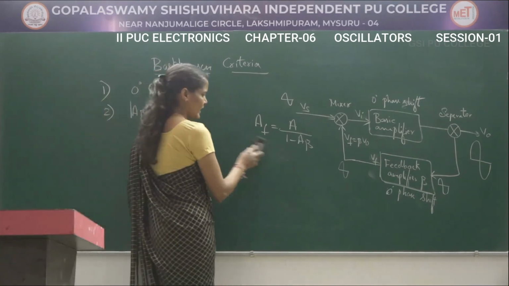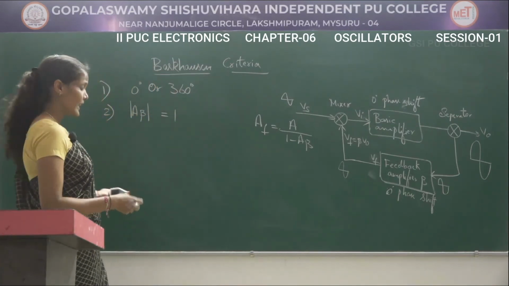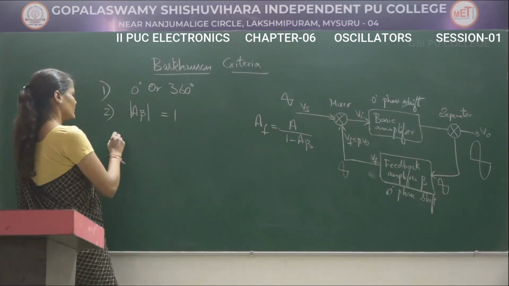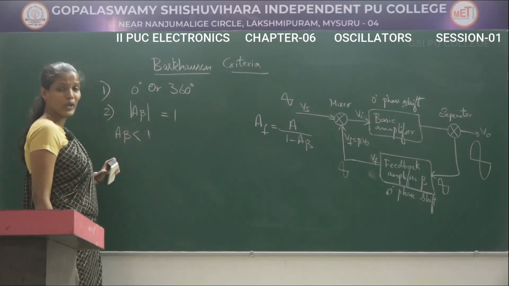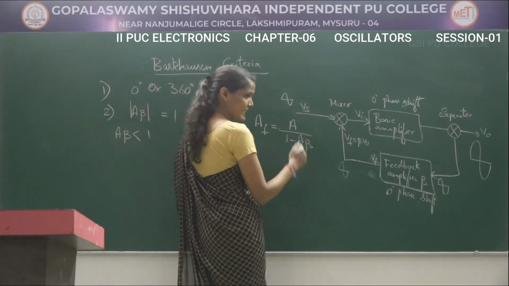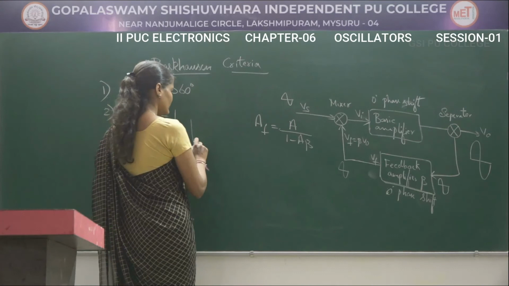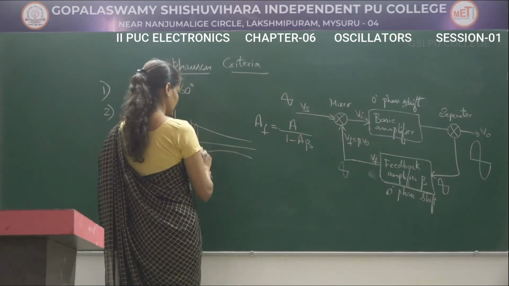Now let us see what happens for different values of the product A beta. The very first case is the product A beta less than 1. Then it is 1 minus a lesser value, and the oscillations will be damped oscillations like this.